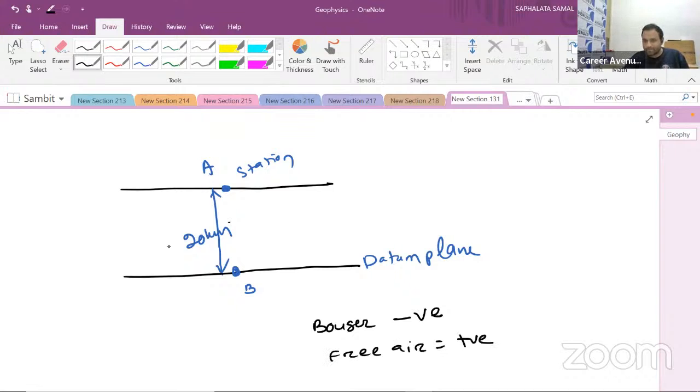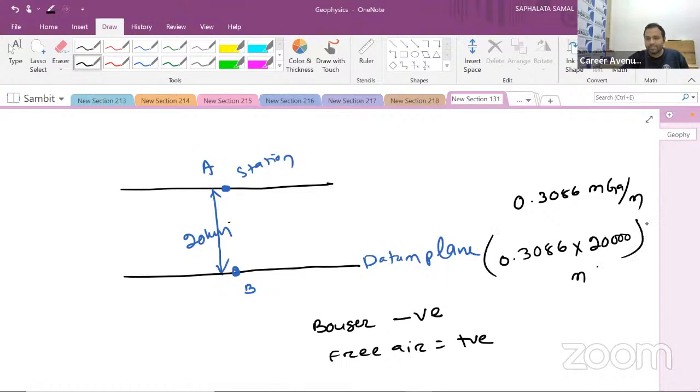Over here, I have the formula: 0.3086 milligauss per meter is the free air correction. So per meter it is 0.3086, per 20 kilometers. 20 kilometers is 20,000 meters. That means 0.3086 into 20,000 milligauss is the free air correction applied at this particular point.